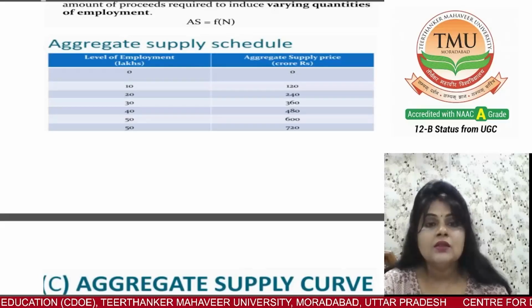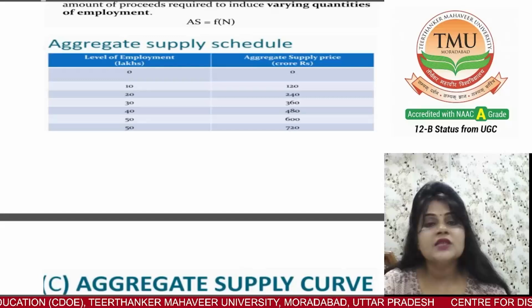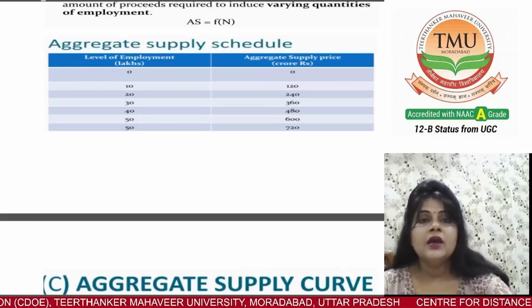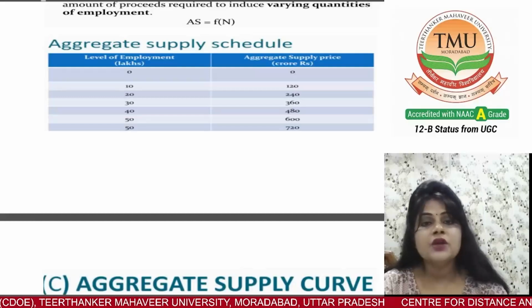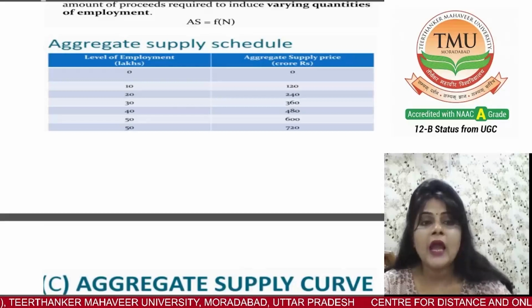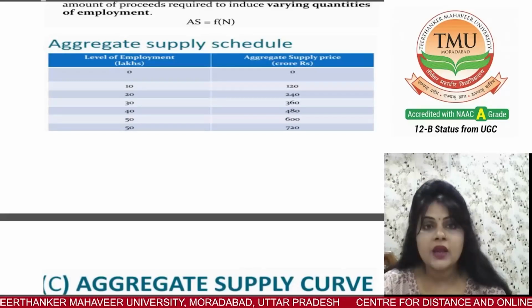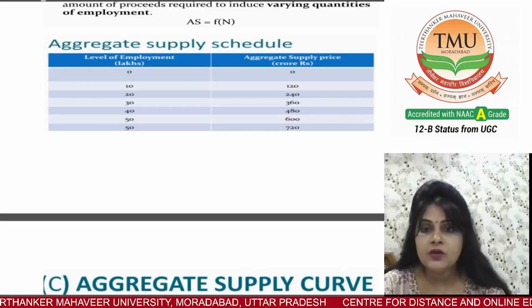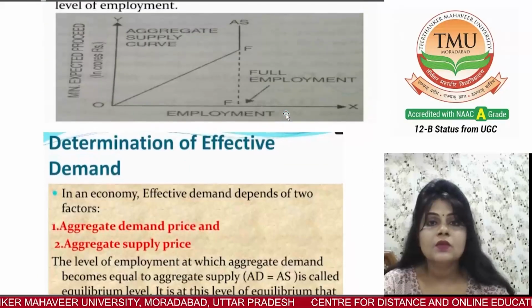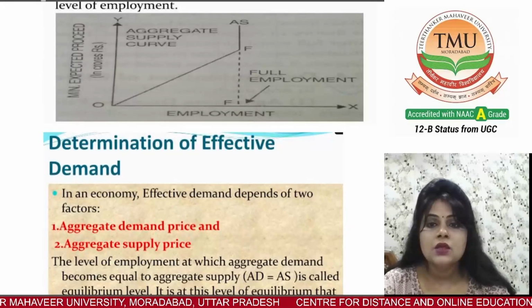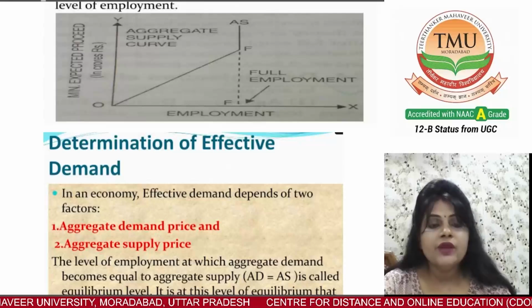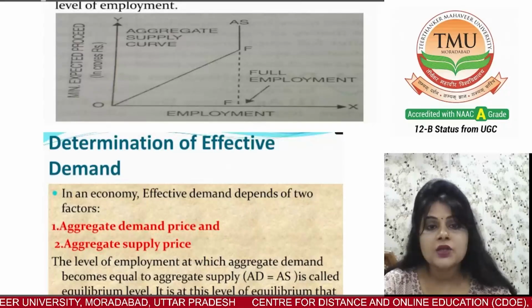According to Keynes, the aggregate supply function is an increasing function of the level of employment and is expressed as Z = f(N). It means the aggregate supply price of the output from employing N number of workers. Here we also see the aggregate supply curve, which can be drawn on the basis of the schedule.